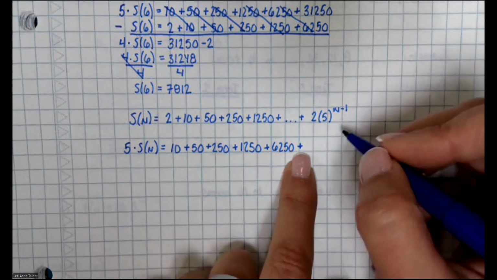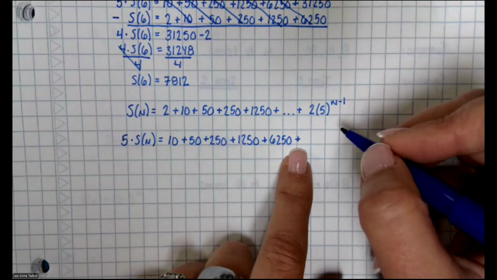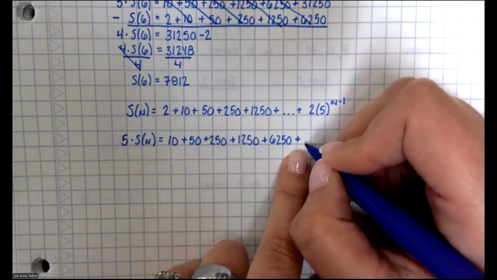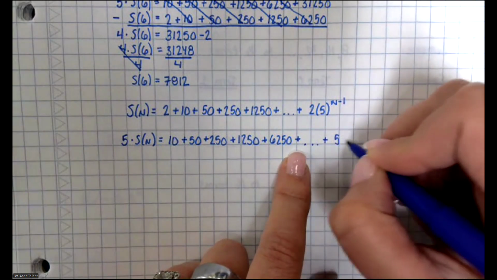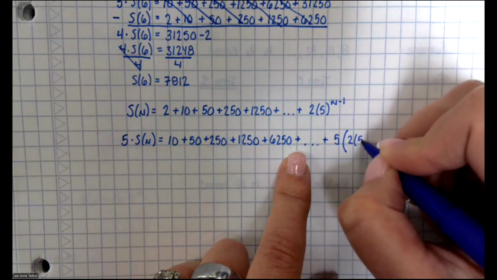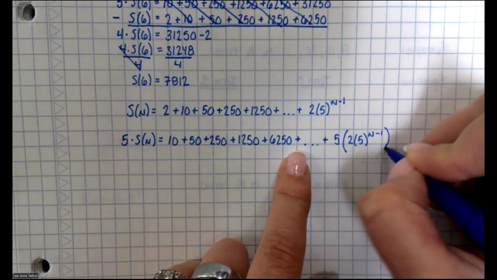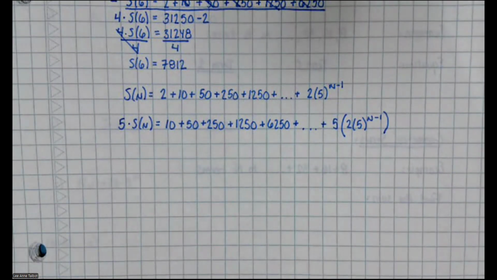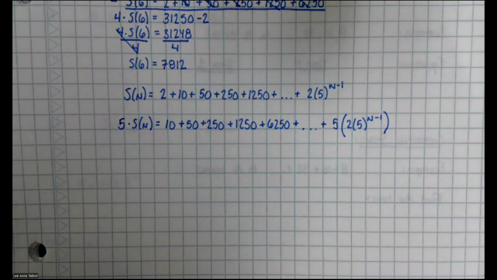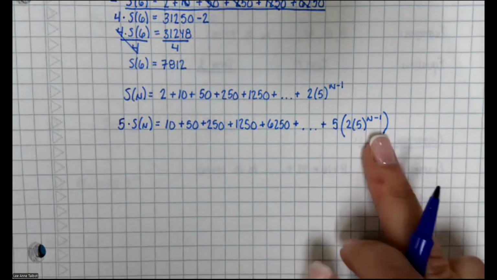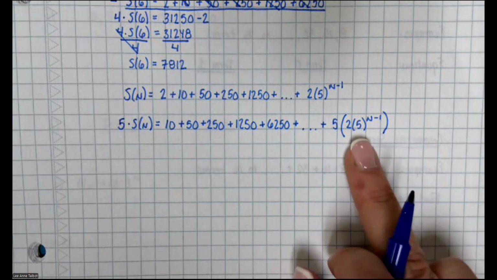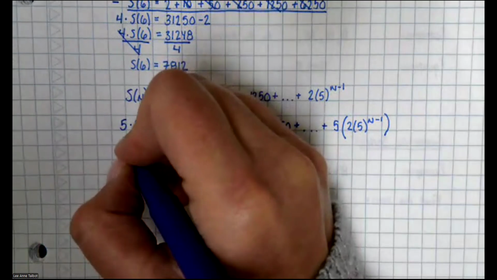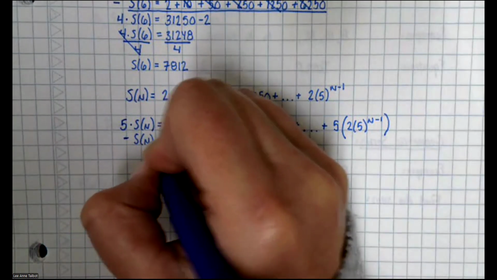Okay, so how do I want to write this? So I'm gonna write it like this. Does that make sense to you guys? I just multiplied that thing by 5. Okay, now I'm gonna subtract the original one.